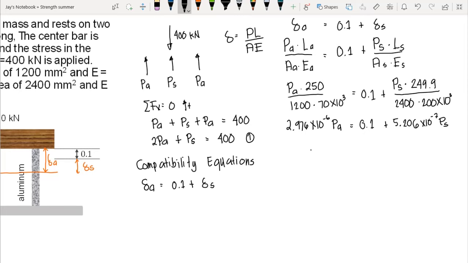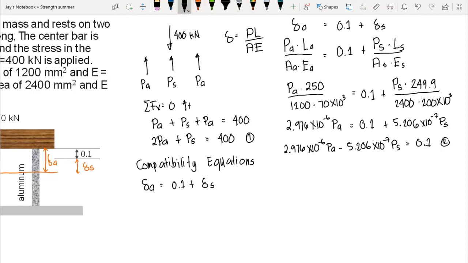So we can transfer steel to the left side of the equation. We have 2.976 times 10 raised to negative 6 aluminum minus 5.206 times 10 raised to negative 7 steel, and that is equal to 0.1. So this is now our second equation.